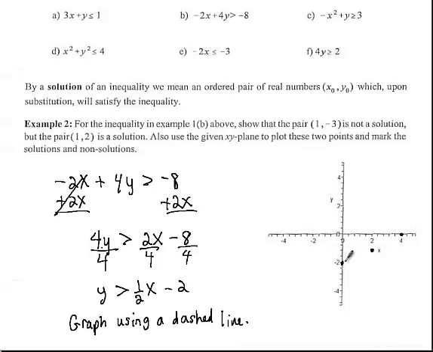And so normally we put a solid line, but in this case we're going to put a dashed one. And I could probably make that a little more straight in the middle.